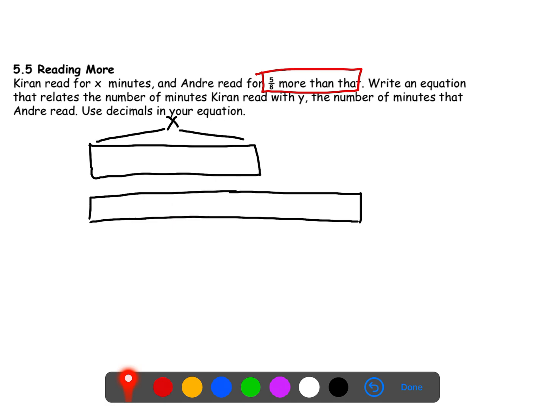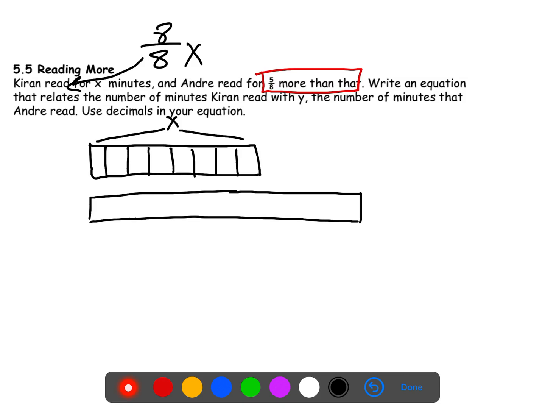And because we're looking at 5/8 as our fraction, we need to take our X value and split it into 8 equal parts. Now that whole amount is going to represent Kieran's reading, his X amount there. That's the 8/8. So we have 8/8 of X for Kieran.